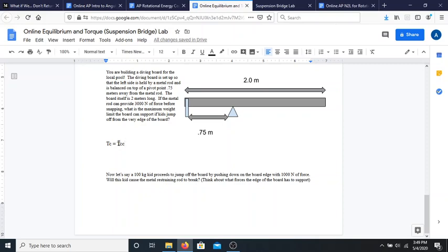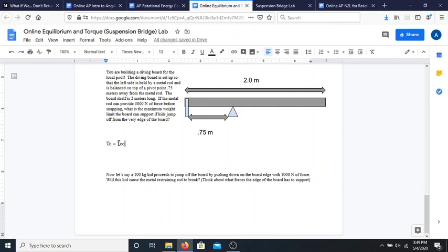If you draw the force the kid applies onto the end of the board, the kid is trying to produce a clockwise torque, which means the metal rod is producing a counterclockwise torque, because it is pulling against it to keep it from turning.